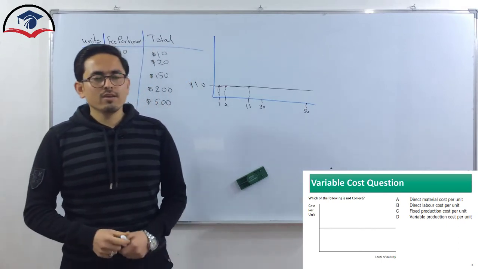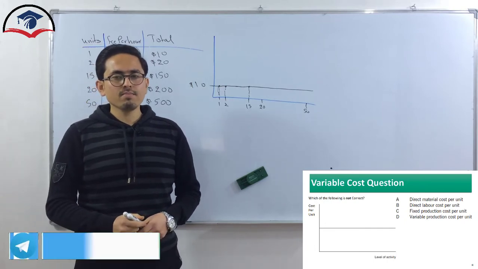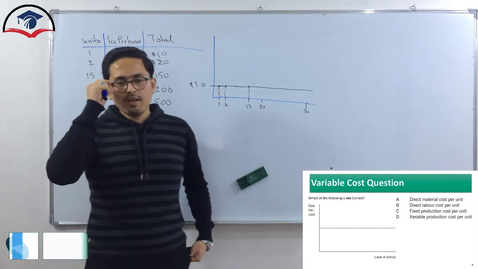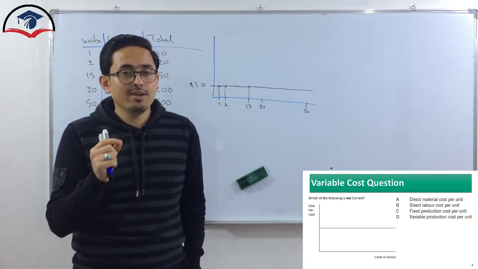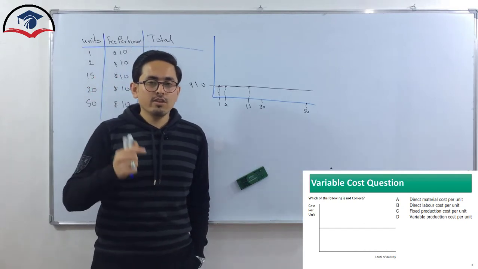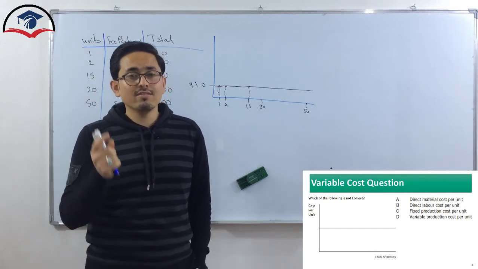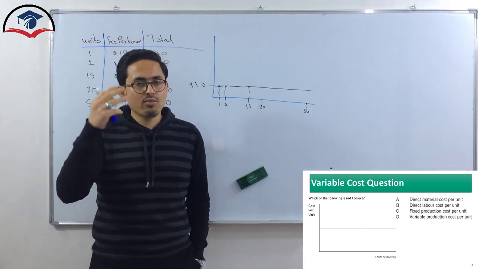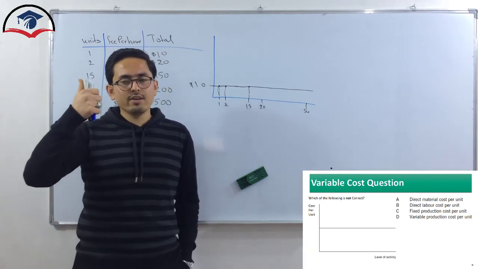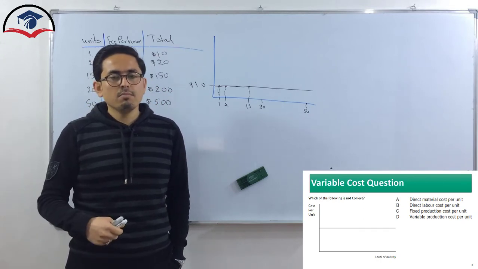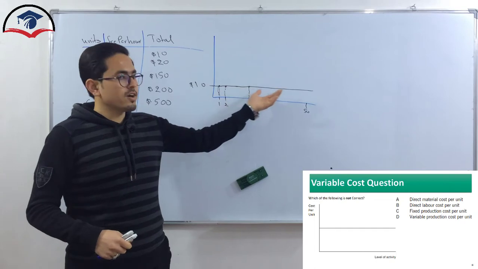Which of the following is not correct? Of course, here is the graph. It says the cost per unit will stay constant when the level of activity decreases or increases. In where? In variable cost per unit. When the 3 of them, direct labor, direct material, and variable costs, are all variable costs per unit, it means they will stay constant.